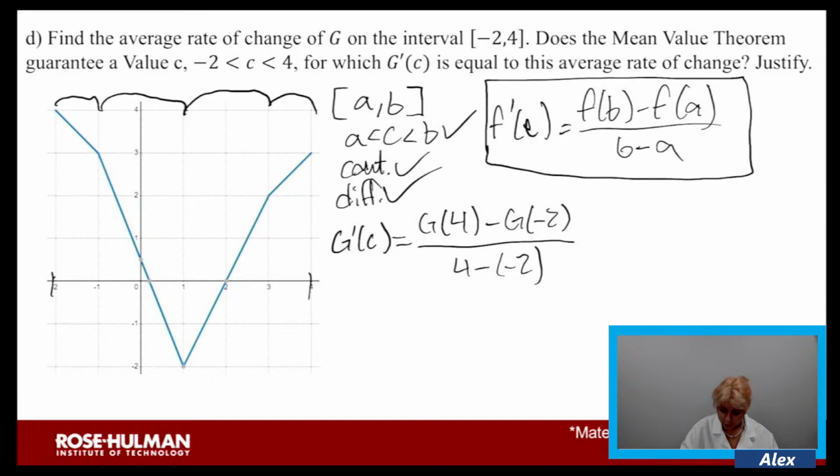So let's see, so for g of 4, we have 3 minus 4 over 4 plus 2, so we have -1 over 6.